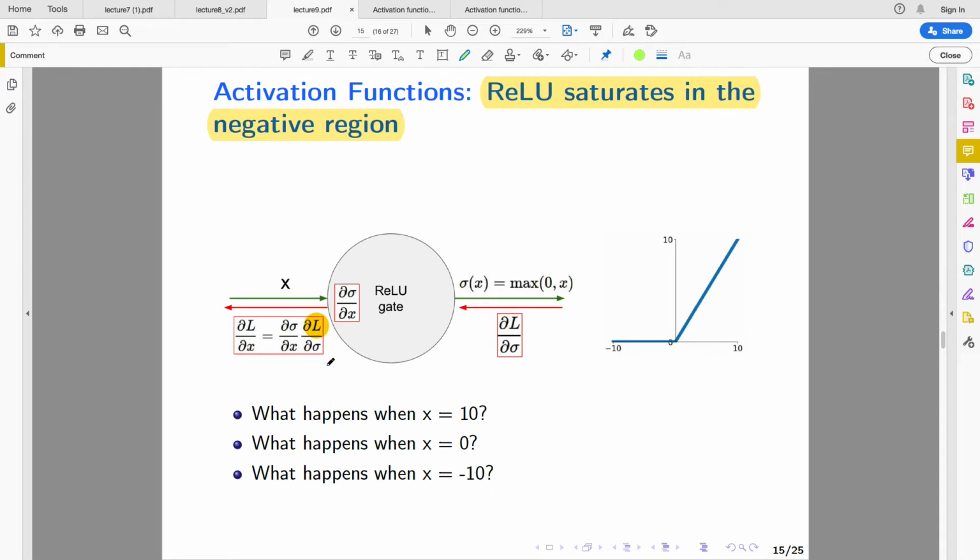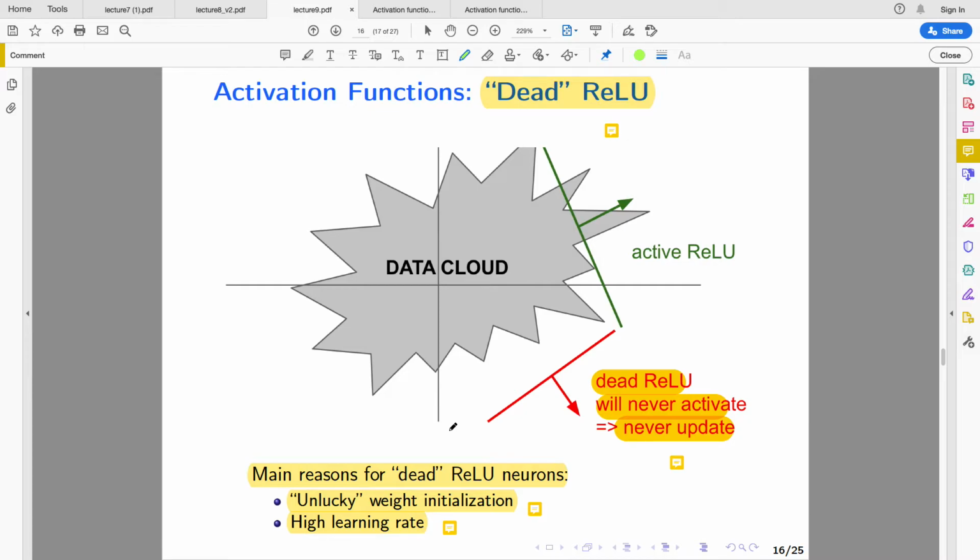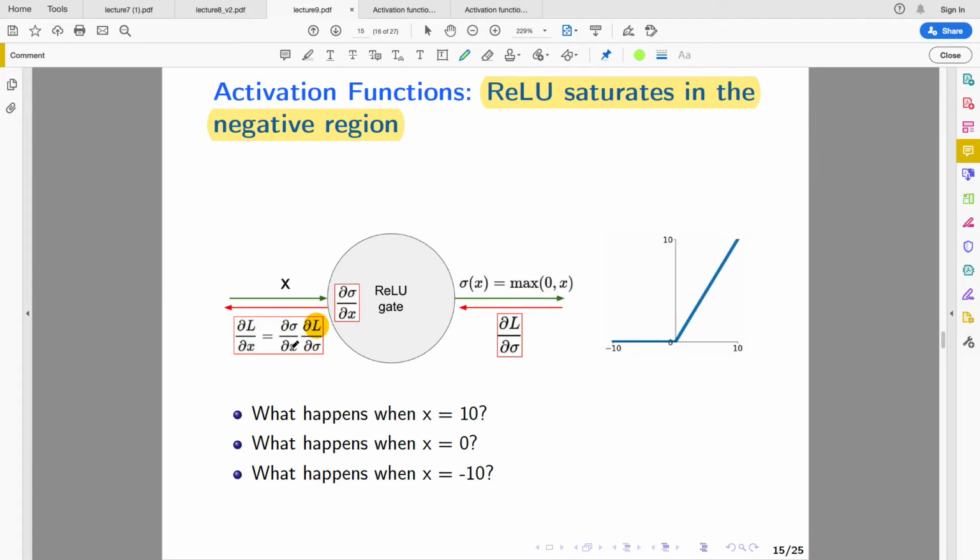So you are doing the partial derivative of L with respect to the output of the ReLU. Here, when x is equal to 10, we are able to get a value, because you can do the partial derivative of the sigma. Okay? When x is 0, that is not differentiable, and you can't differentiate with respect to 0.